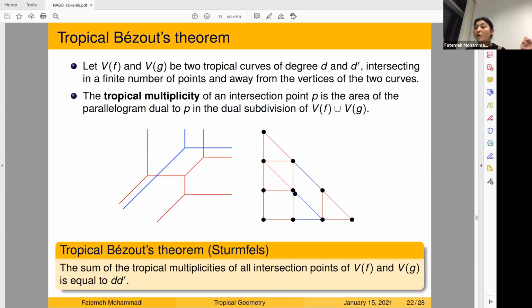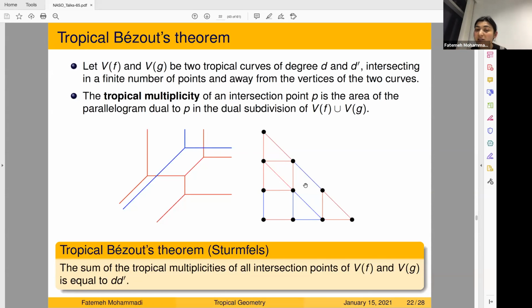And then if you sum up all these areas for all the intersection points, you get exactly d times d prime, as this number, which was corresponding to the number of intersection points in the classical algebraic geometry. Okay, so here, as we saw, there were 2 intersection points.